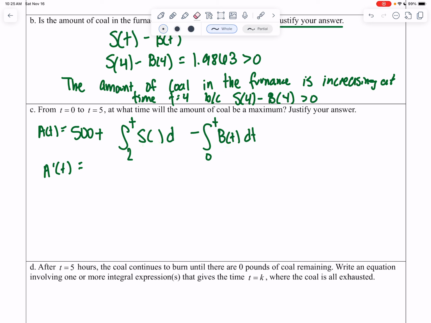So I'm going to go ahead and change that so that it is a dummy variable. All right, then taking the derivative of that, I'm going to get S of t minus B of t right here. And I'm going to figure out when that is a maximum. So I'm going to set this equal to 0.